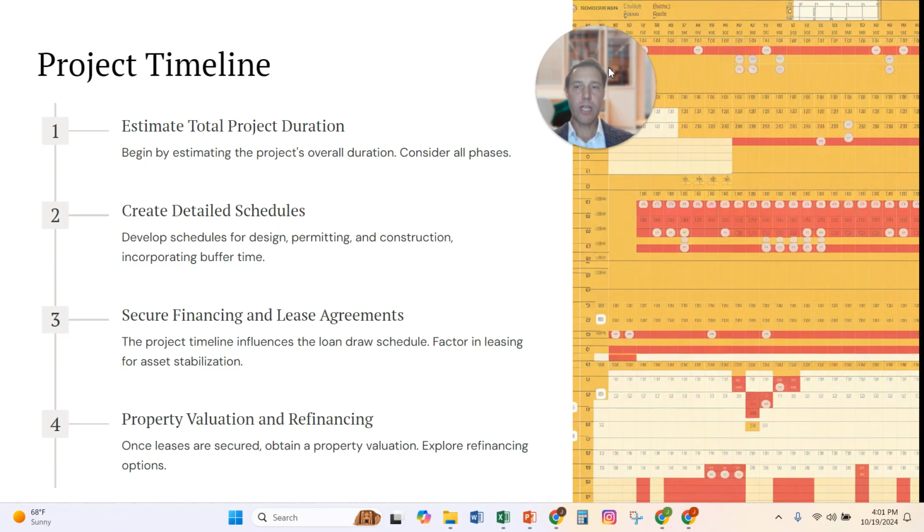You want to develop a schedule that shows that timeline. And then that's going to determine when you need to secure financing for your project. You may fund the initial part of your project with equity that you or your development team have, and then look to get construction financing in the future when the design and everything is settled and you have permits in hand, ready to go with a contractor.